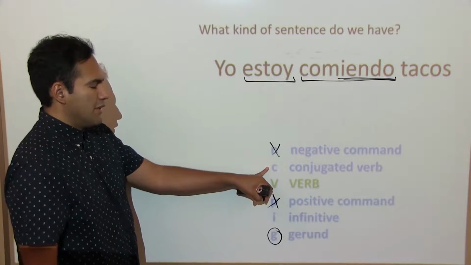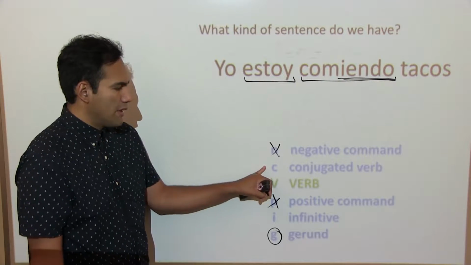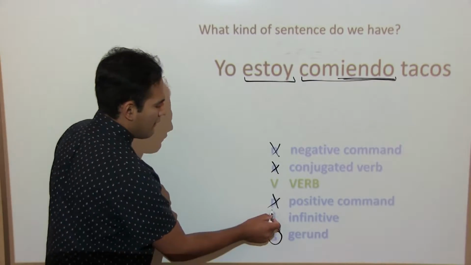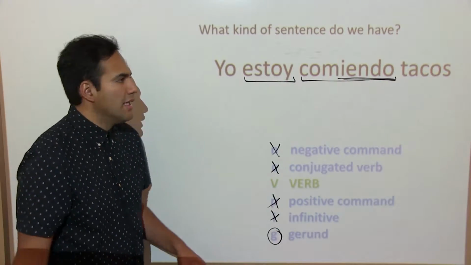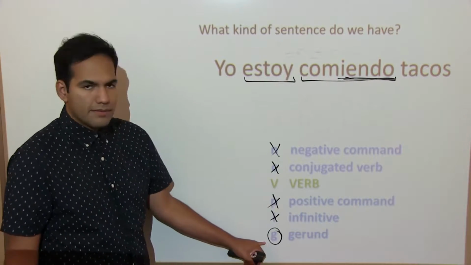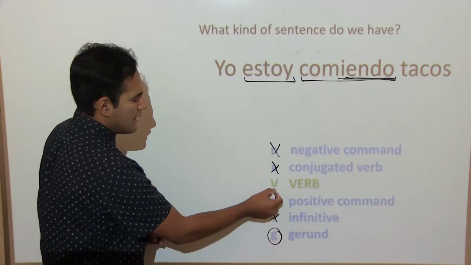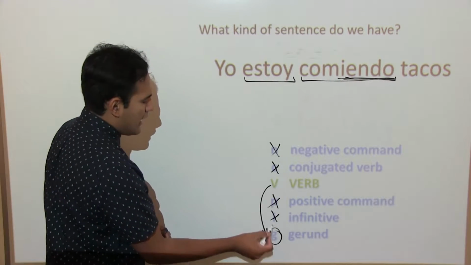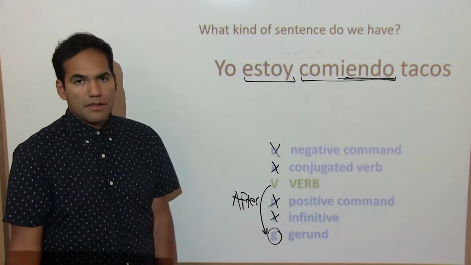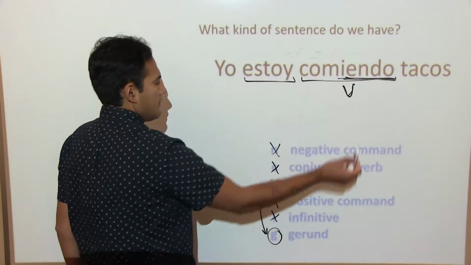We have a conjugated verb, but the gerund is always going to win over a conjugated verb. We don't have an infinitive, so it's going to be a gerund. So whenever in a sentence you have a gerund, you are automatically going to go with that, okay? So now we've identified that the pronoun is going to go after the verb, after our gerund.